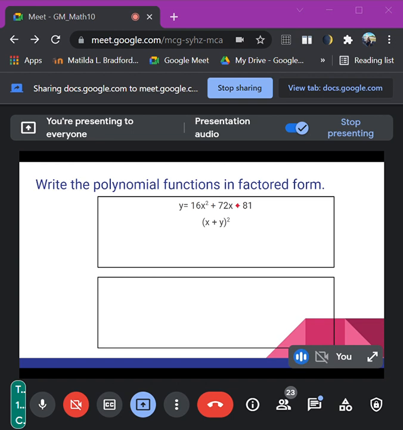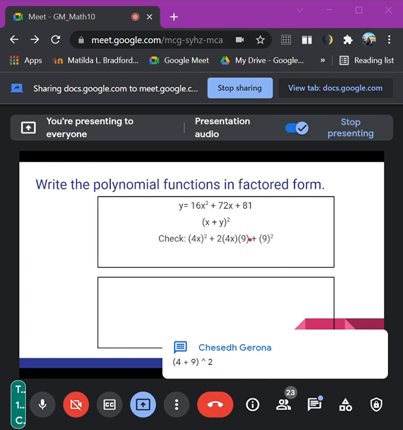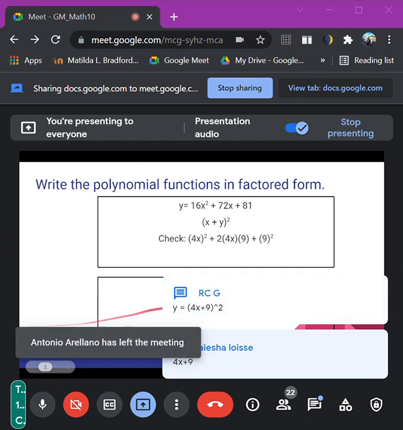Now this time, to identify: our x here is the first term, take its square root since it is a perfect square. And 81 is also a perfect square. That is the square root, and then you substitute it for your x and y. So if we check, we have here 4x plus 9.